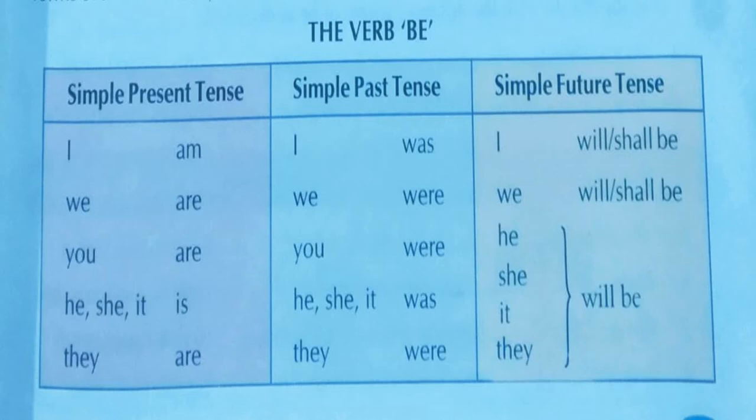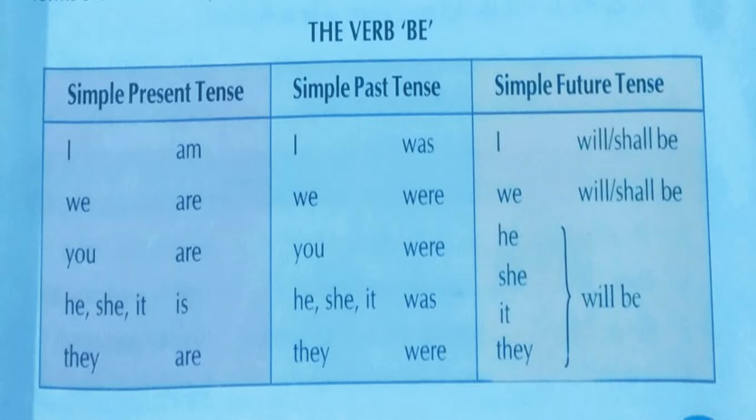So, I shall be. Nowadays, we also use will. I will be. Okay, you can also use I will be, or I shall be. We will or shall be. He, she, it, they, we use will be.